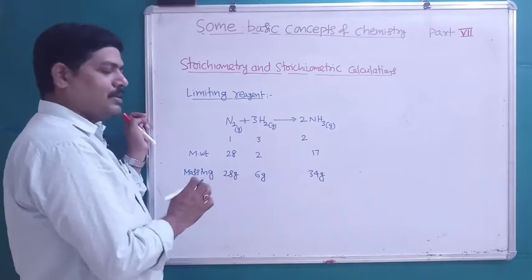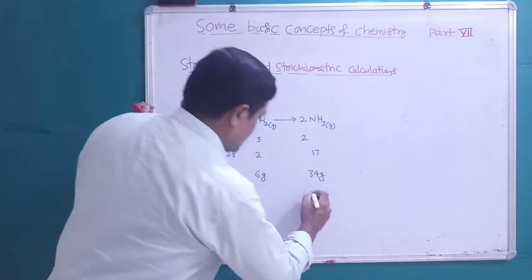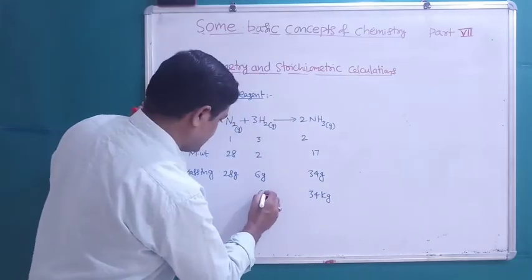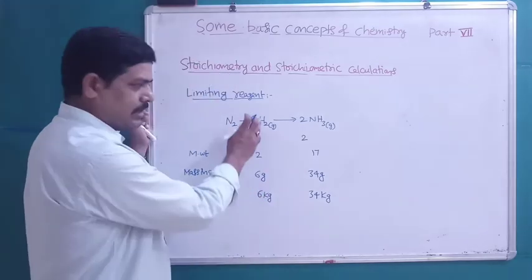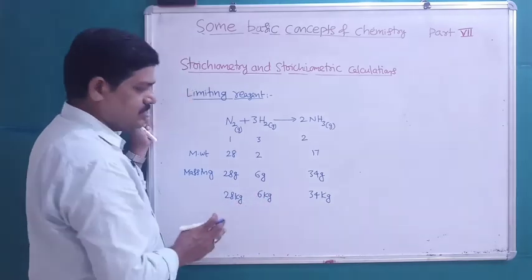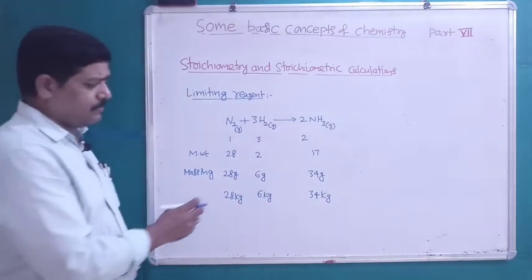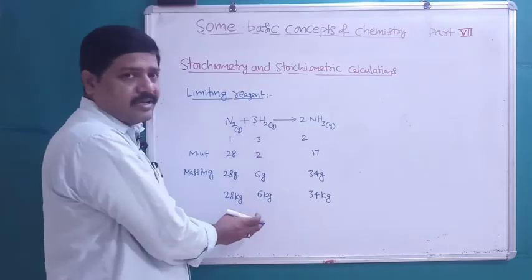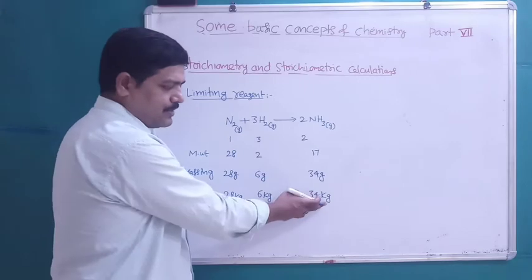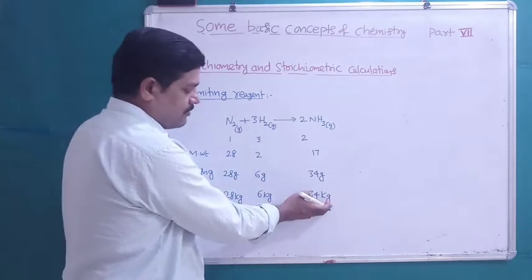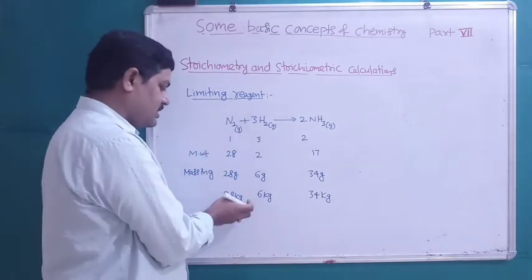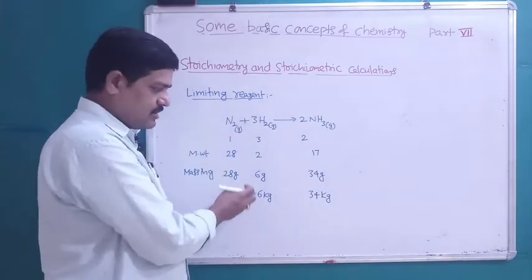So, for example, if I want to produce 34 kilograms of ammonia, then I need 6 kilograms of hydrogen and 28 kilograms of nitrogen, right? Students, on paper, from the balanced equation, from the theoretical calculations, if I want to prepare 34 kilograms of ammonia, I need 6 kilograms of hydrogen and 28 kilograms of nitrogen. It is the ratio only.